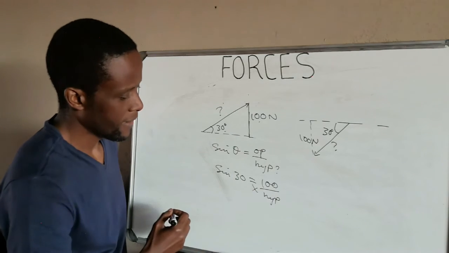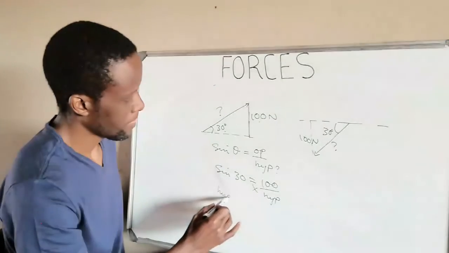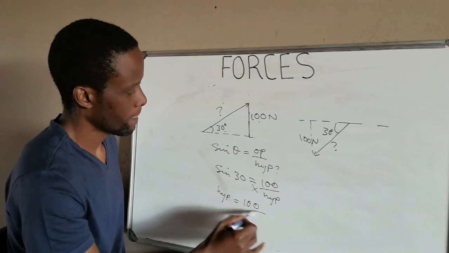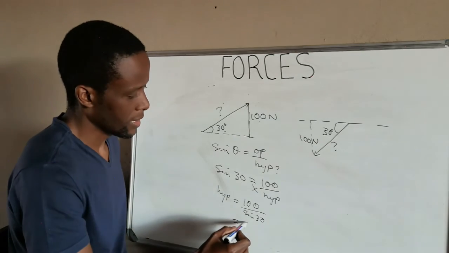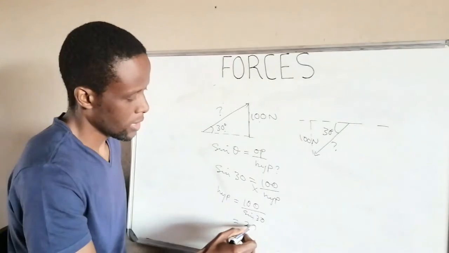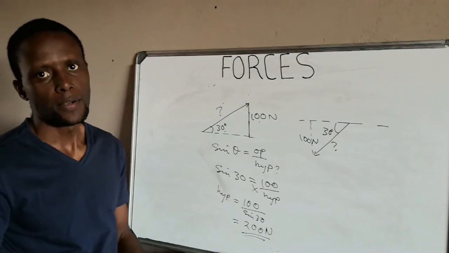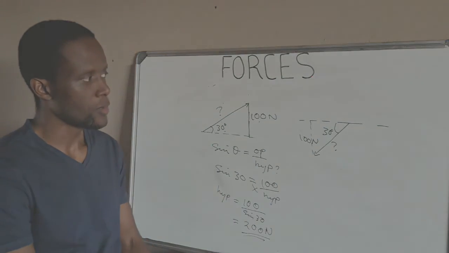We cross multiply, and we get 200 newtons. Alright, so this is how you resolve the forces, oblique forces.